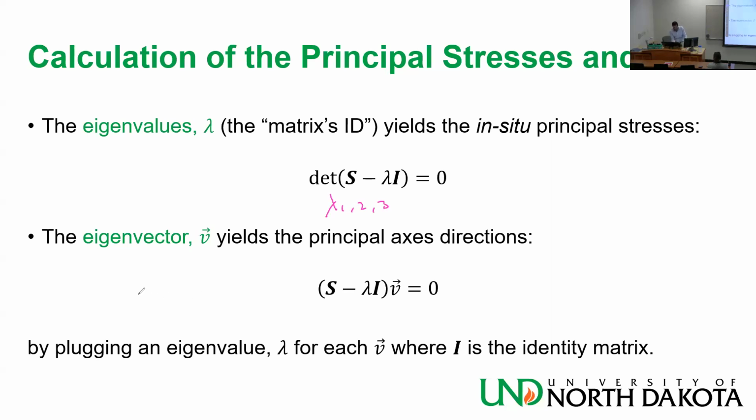Okay. Lambda 1 has Vi1, Vj1, Vk1. And then lambda 2 has the same: Vi2, so you get like 3 become 9, right?